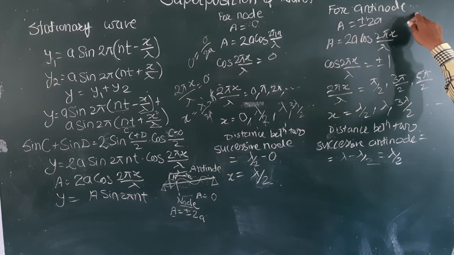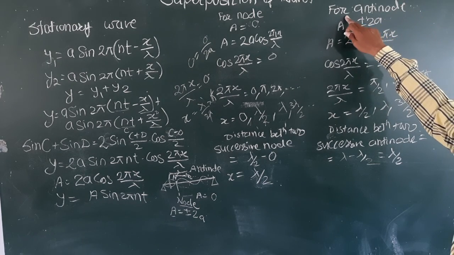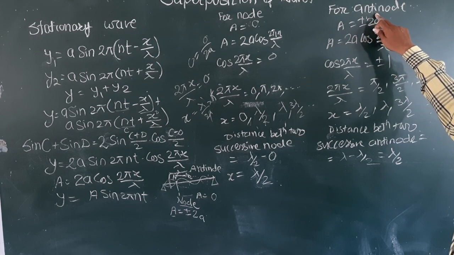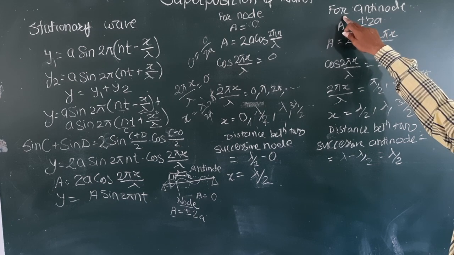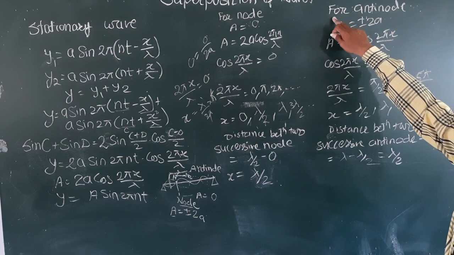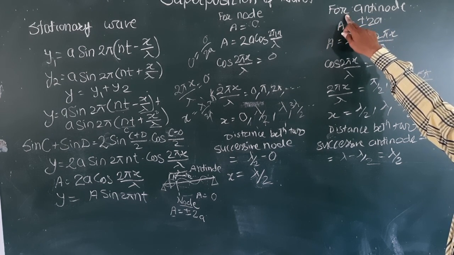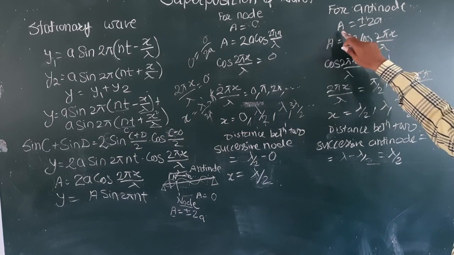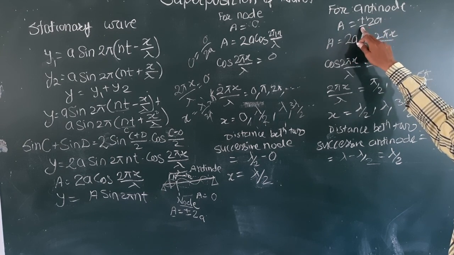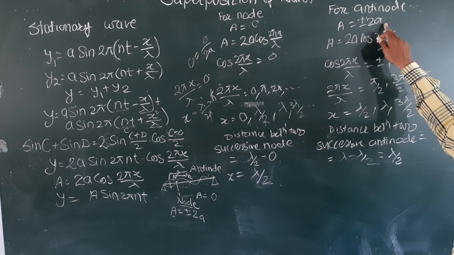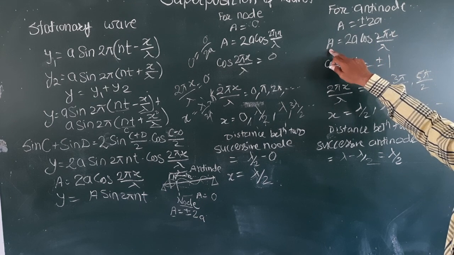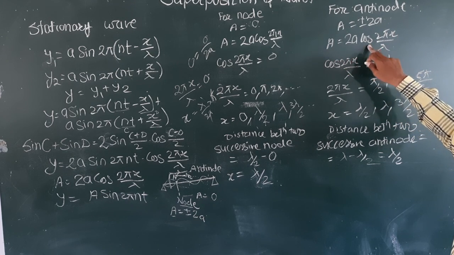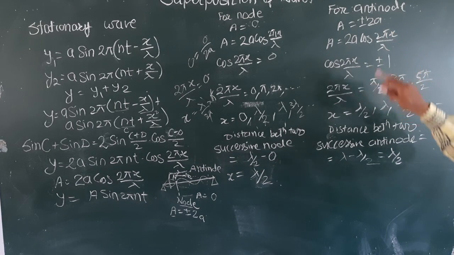Now, for antinodes, the distance between two antinodes. When they form, the displacement is maximum and the amplitude value is plus minus twice a. We know that A is equal to twice a cos 2 pi x upon lambda.